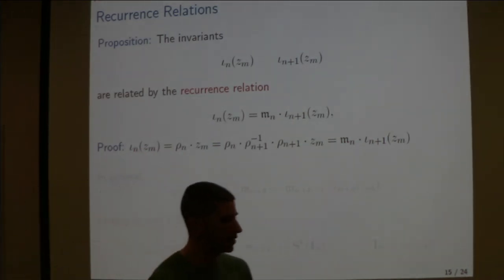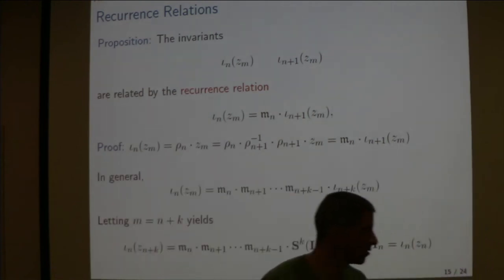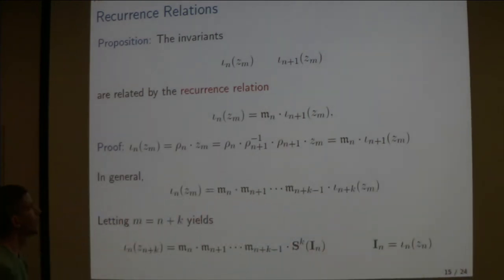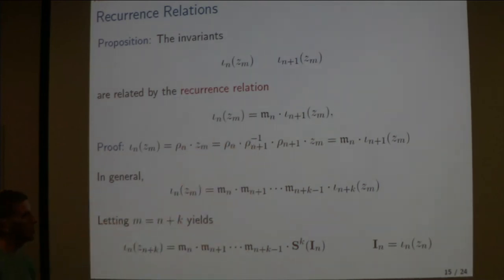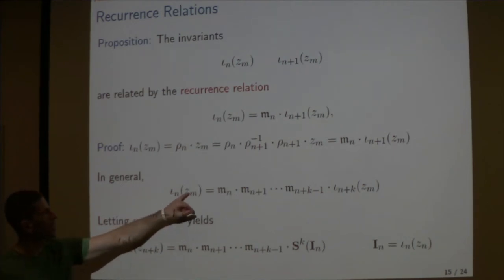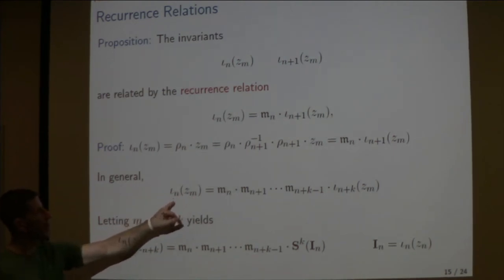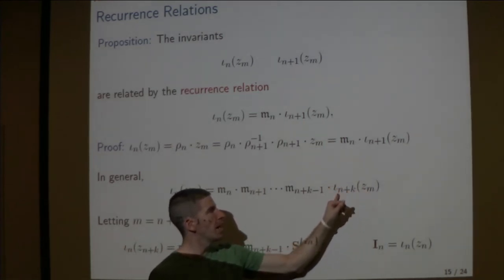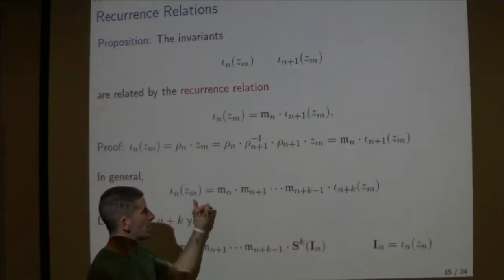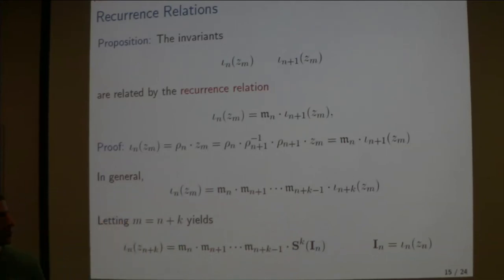One can repeat this recurrence relation, and then one can say that the invariantization of Zm with respect to iota n is related to the invariantization of Zm with respect to iota of n plus k through a succession of Maurer-Cartan invariants.